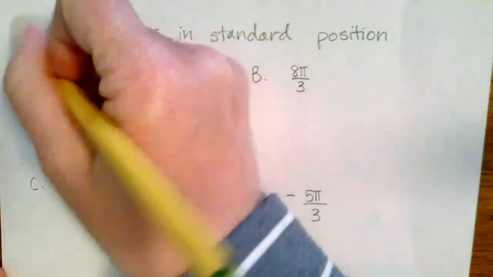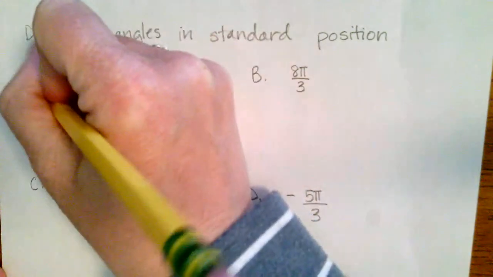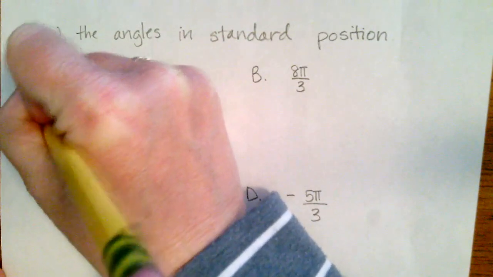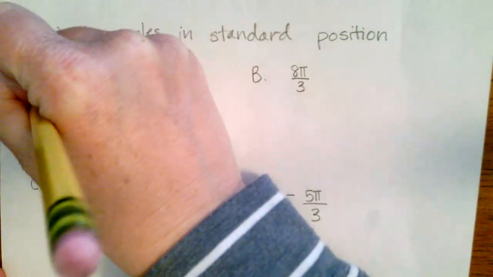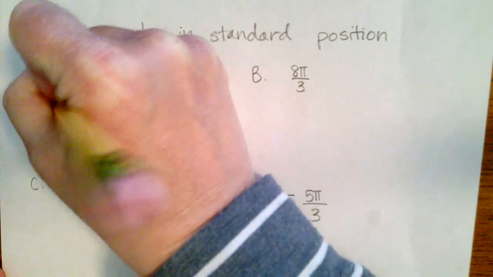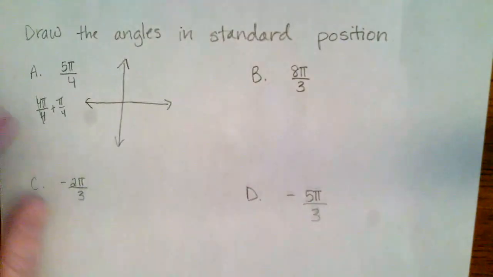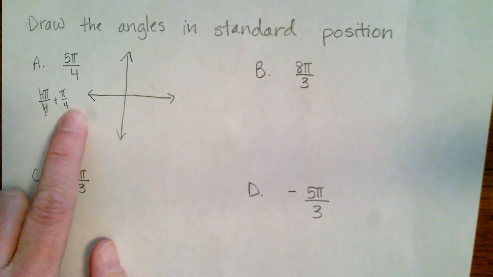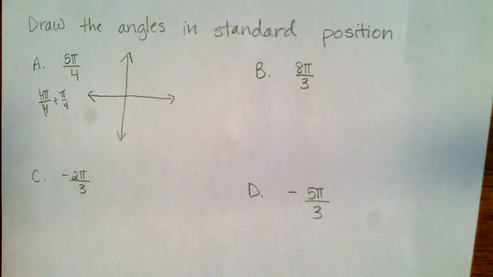So I can see that 5 pi over 4 can be rewritten as 4 pi over 4, which is pi, plus another pi over 4, because 4 pi plus pi would give me the 5 pi when I have common denominators. That's how I can break up a fraction.